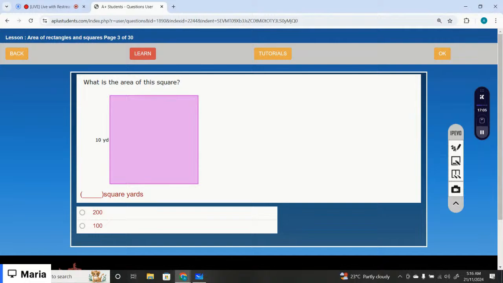What is the area of the square? That is 10 times 10. That is 100 square yards. Option number 2 is the correct option.